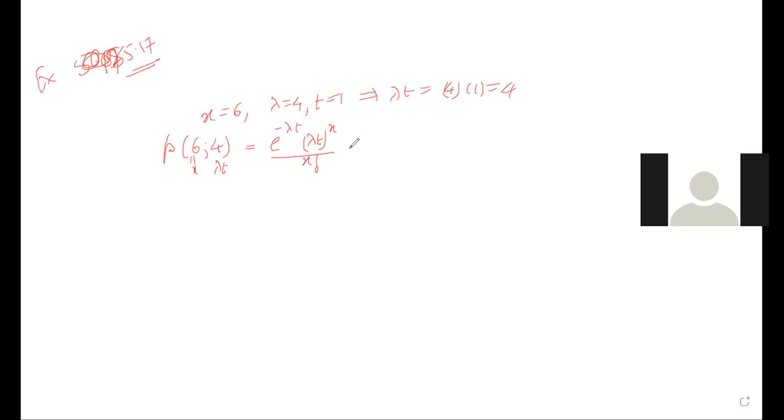So that is equal to e to the power negative 4, times 4 to the power 6, divided by 6 factorial. How can you measure this one? Look over here: e to the power negative 4, 4 to the power 6, and 6 factorial.